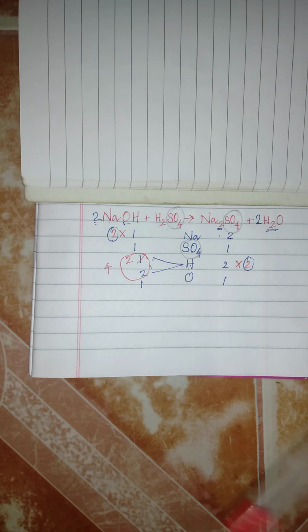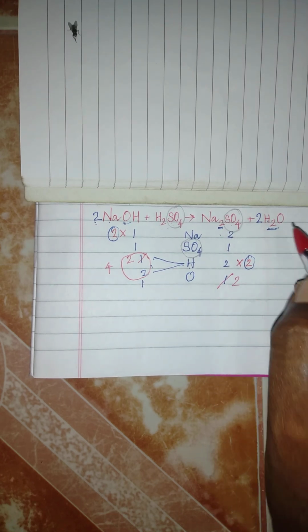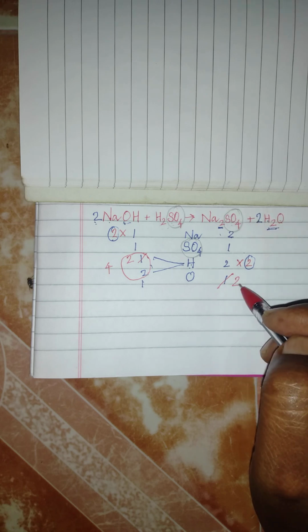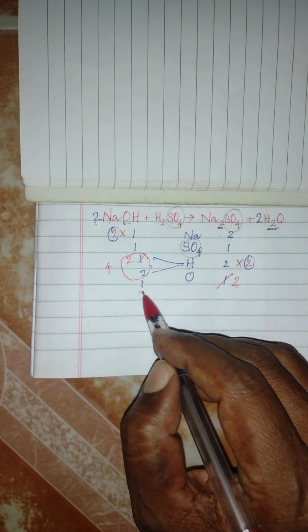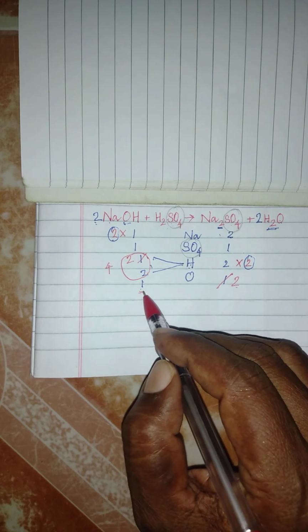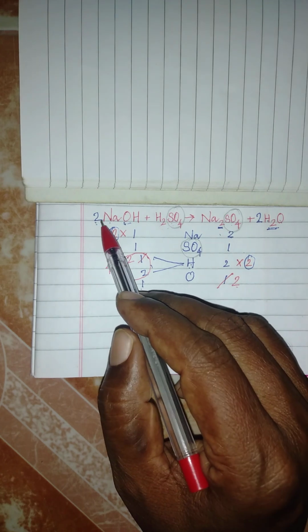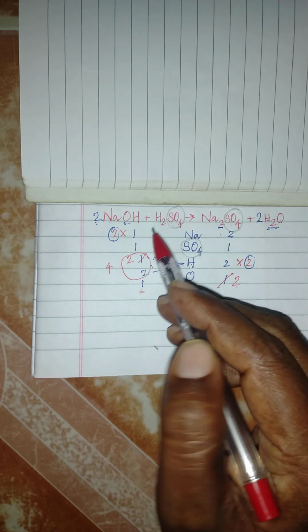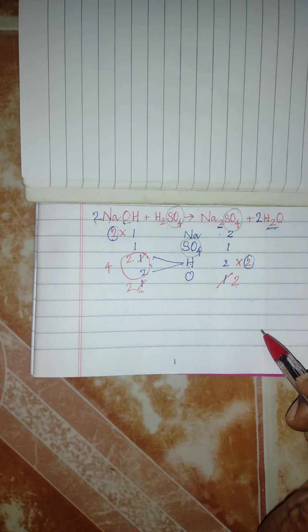But on the left hand side, how many oxygen atoms are there? Only 1. Therefore what do we need to do? No, this 1 was already made into 2, because when we multiplied the sodium hydroxide by 2, this oxygen was already changed into 2.